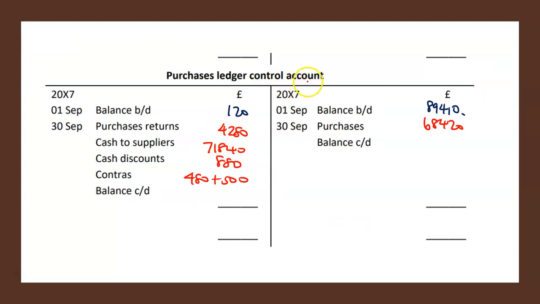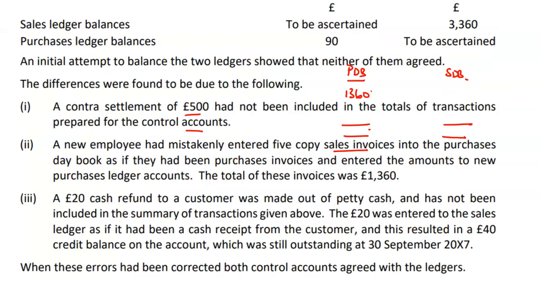So in truth, what you've done is debit purchases, credit purchase ledger control account, right? So you can understand what's happening. And in these figures, we have this 1360. So both these figures are too high by 1360, because you have an error of original entry.